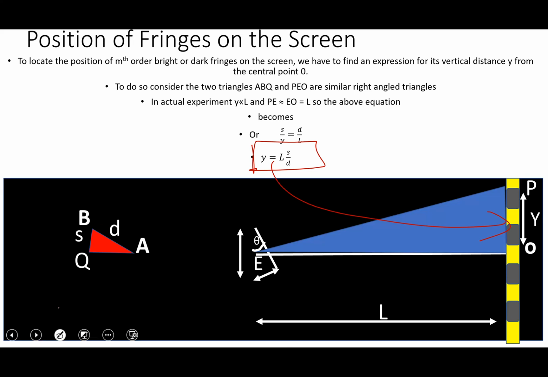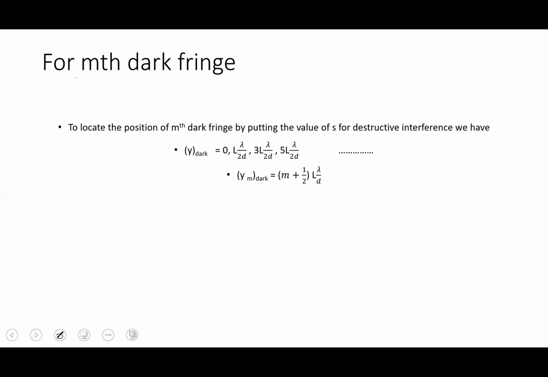This is the formula. Now for the dark fringe, the mth dark fringe. To locate the mth dark fringe, putting the values of S for destructive interference, we have lambda by 2, 3 lambda by 2, so it is half in each case.